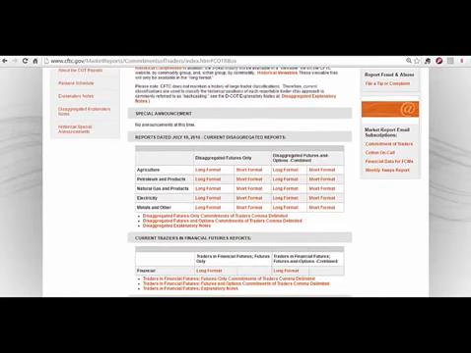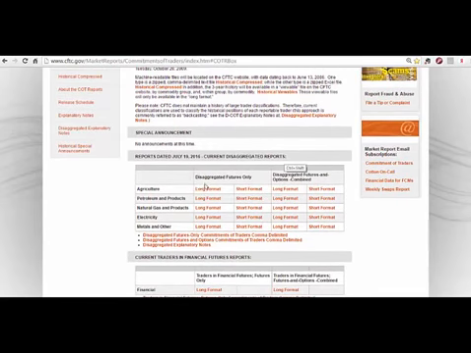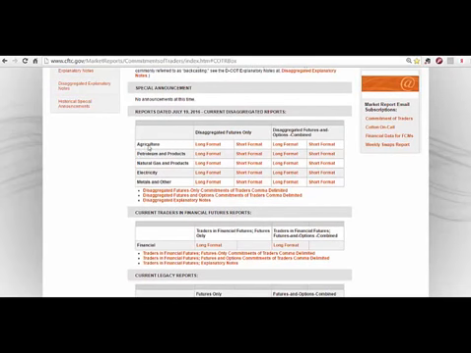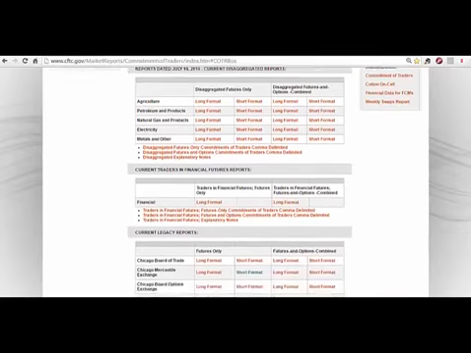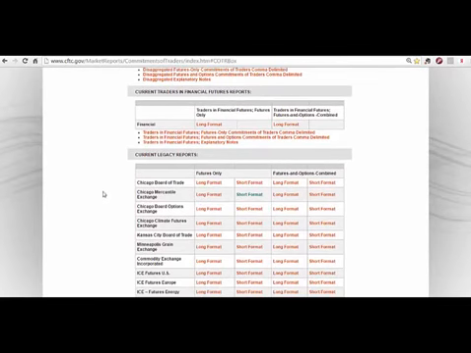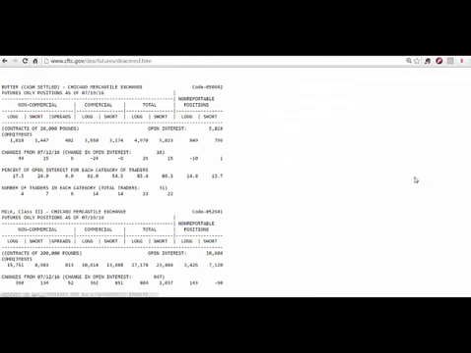Okay, we have here long format and short format. And you see here that we have agriculture, petroleum and products, natural gas and products, electricity, metals, and other. And we as currency traders want to go to the Chicago Mercantile Exchange report, to the short format. Okay, let's click here the short format.